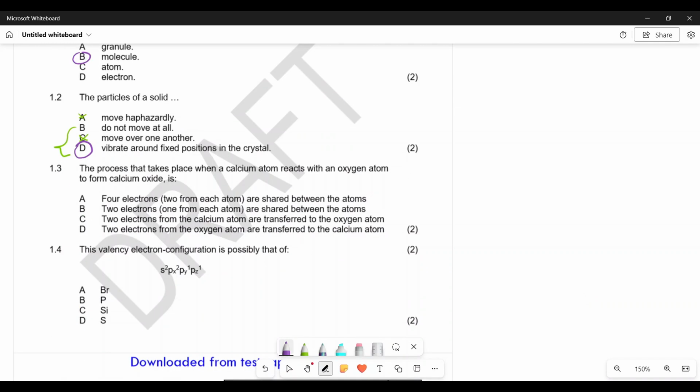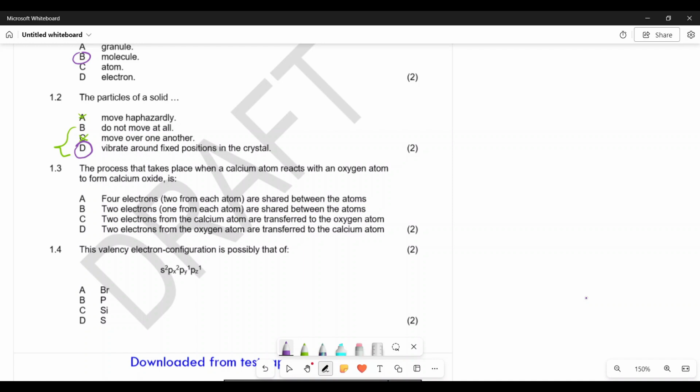Now 1.3: the process that takes place when calcium atoms react with oxygen atoms to form calcium oxide is... Now what actually happens here? When a calcium atom reacts with an oxygen atom, they form an ionic compound known as calcium oxide. During this formation, the calcium atom loses two valence electrons to the oxygen atom.